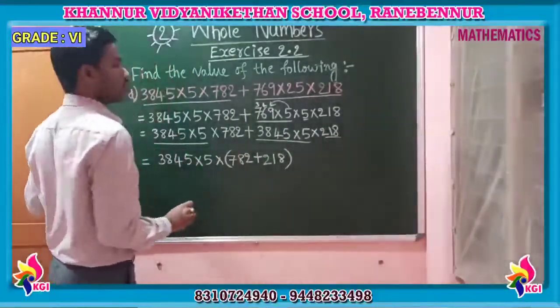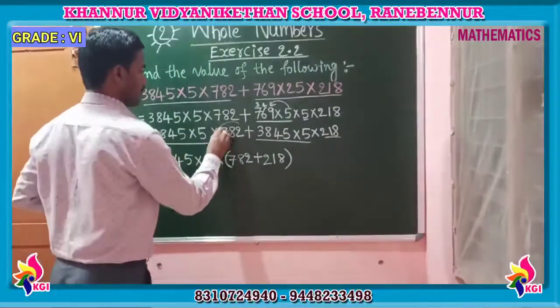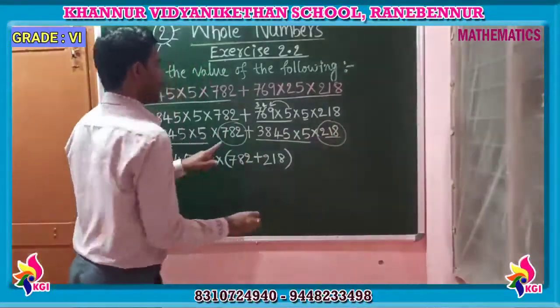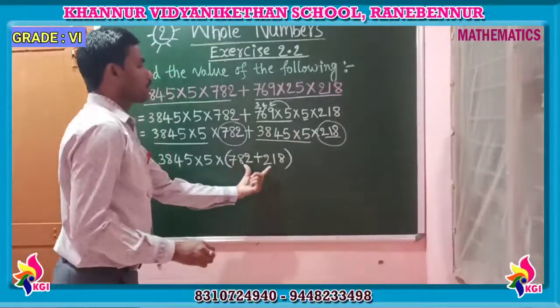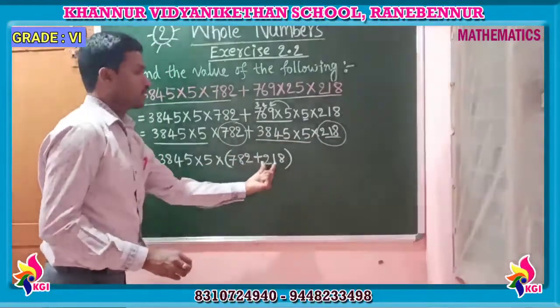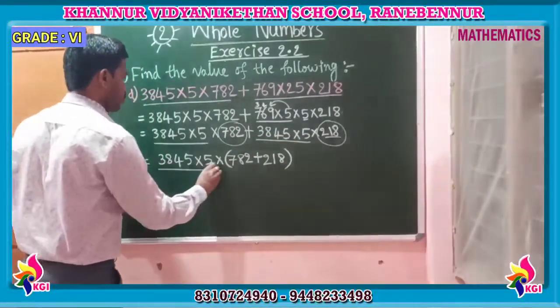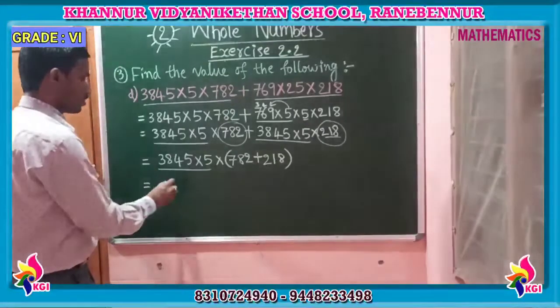You take it in a group. This 782 and 218 are written in a group addition. We have to add these two numbers, and we will multiply this number in the fourth step.